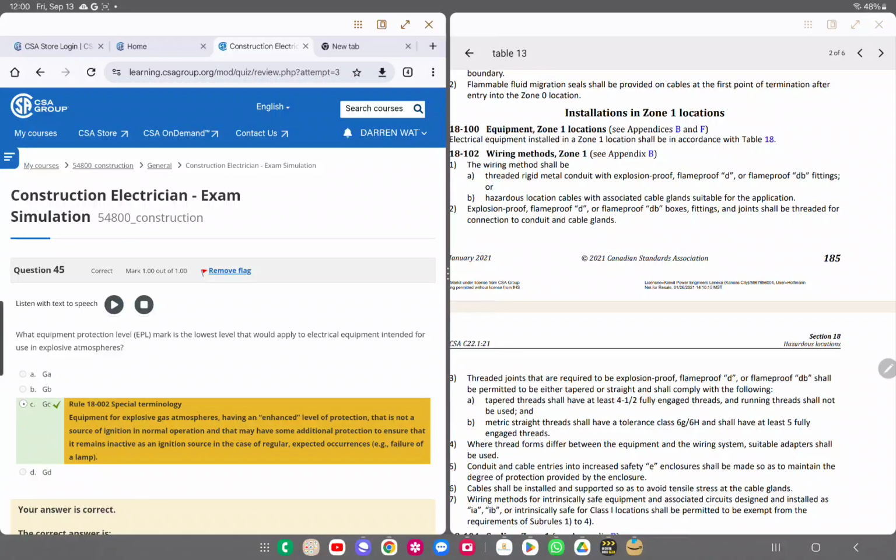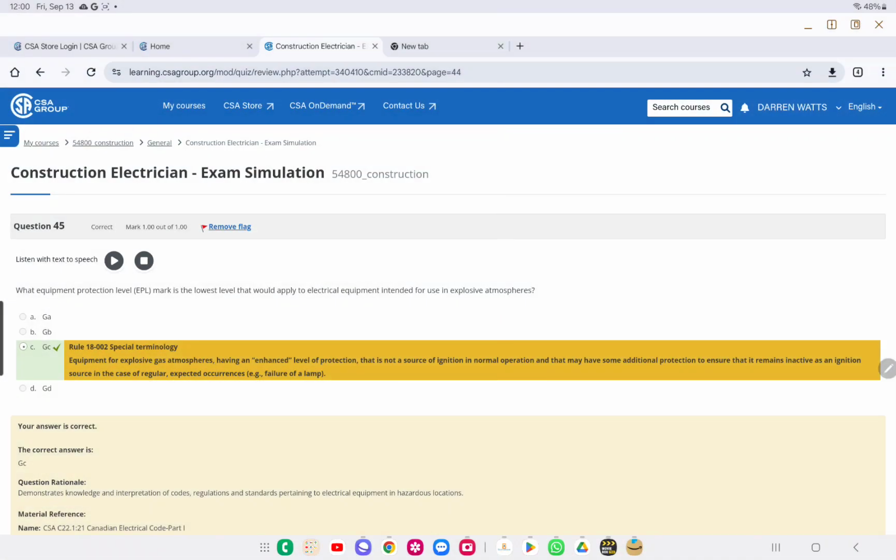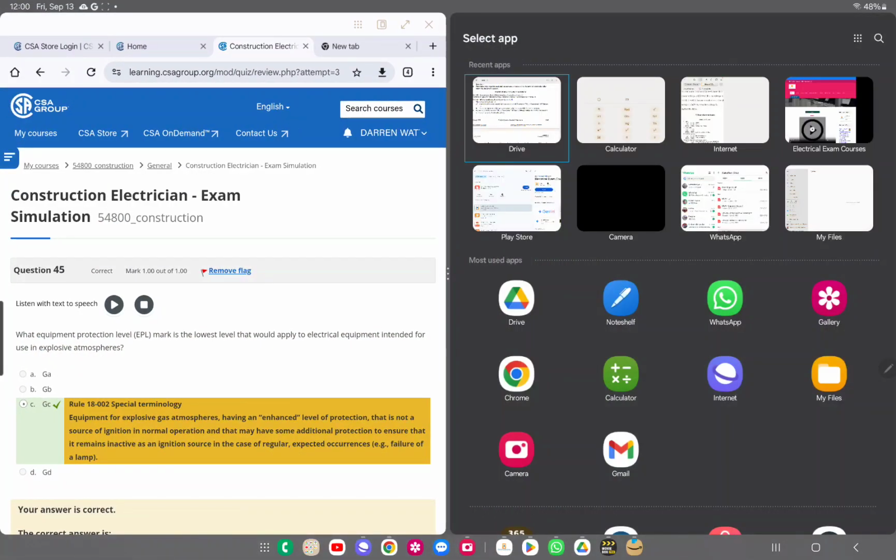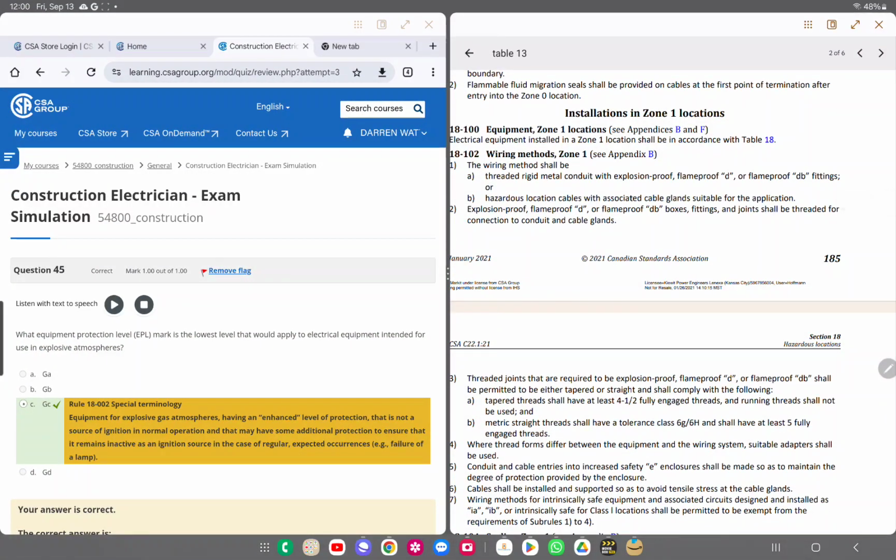What equipment protection level EPL mark is the lowest level that would apply to electrical equipment intended for use in explosive atmospheres? So automatically, explosive atmospheres, you're going right back to section 18. We'll just open that right back up. It's asking about GA, GB, GC, GD.